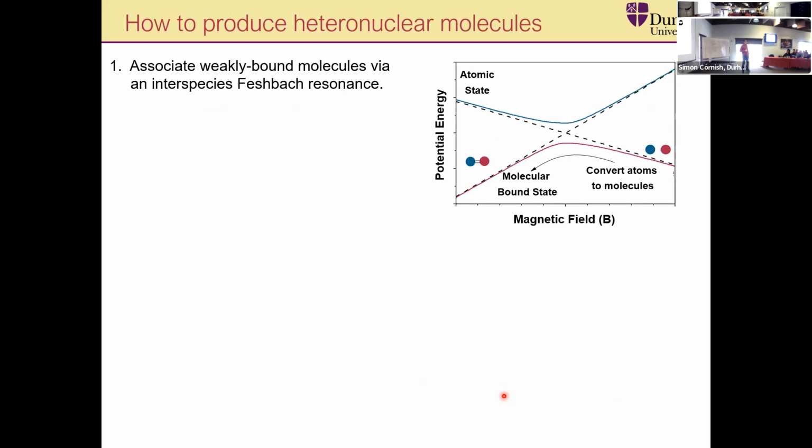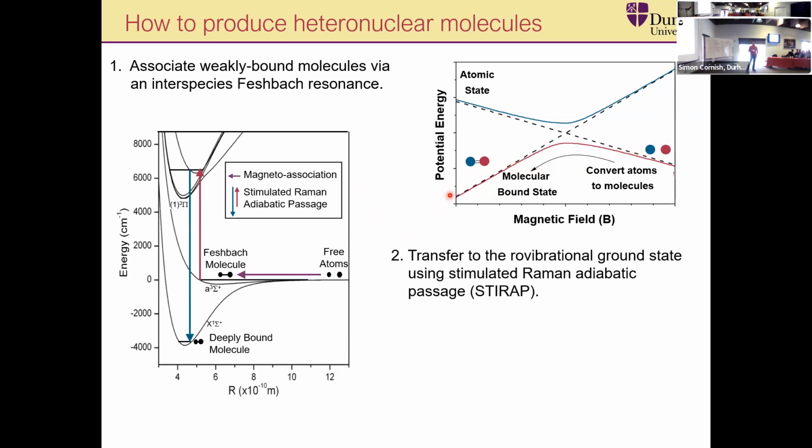So how do we make these molecules? What I'm going to tell you about is how we use a Feshbach resonance, which I'll explain in great detail, to convert an atom pair into a weakly bound molecular state.